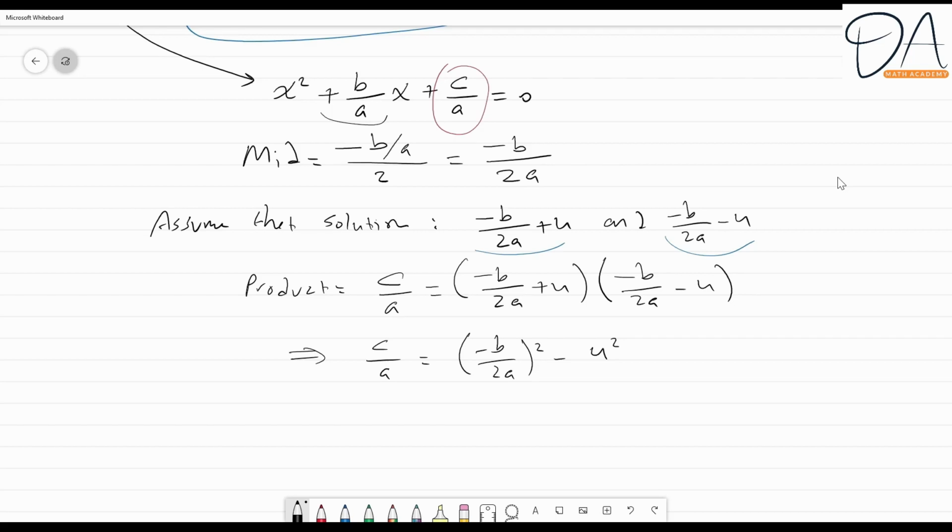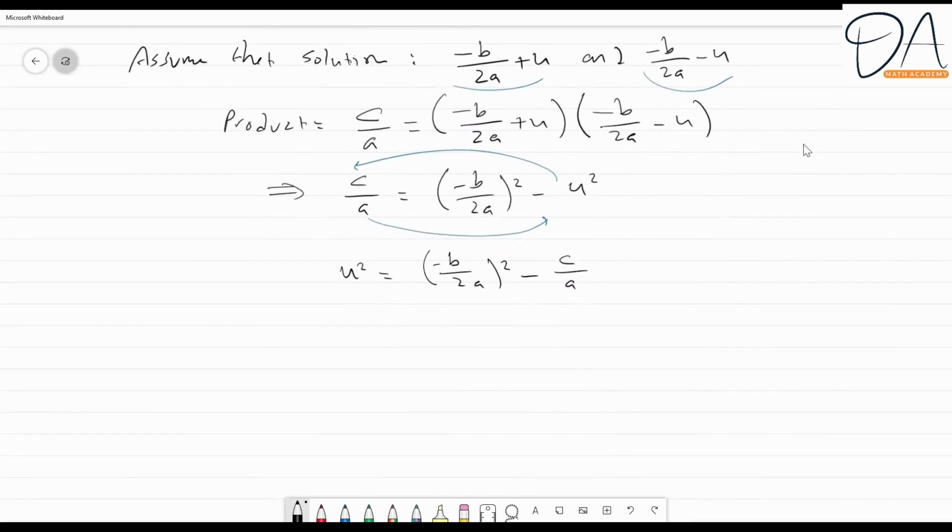Let's make the u on one side and take all the numbers to the other side. So I'm going to move the u to this side and I'll take this number to that side. So we'll get u squared equal to b squared over 4a squared minus c over a.